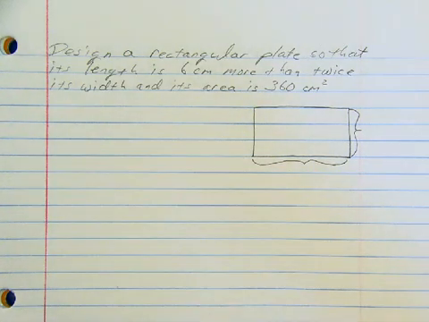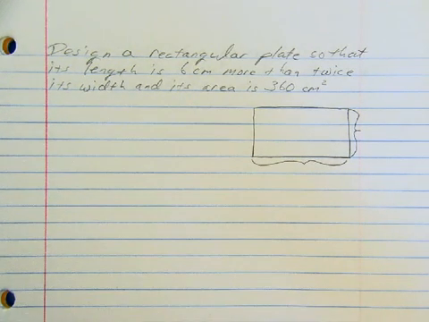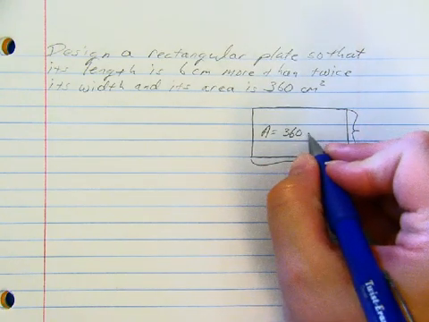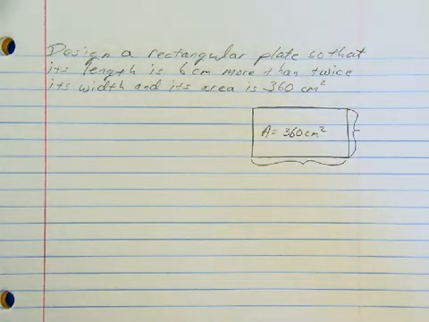This next problem says we are going to design a rectangular plate so that its length is 6 centimeters more than twice its width, and its area is 360 centimeters squared. So I'm going to put area equals 360 centimeters squared in here.